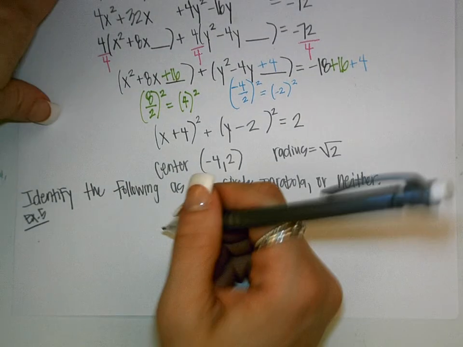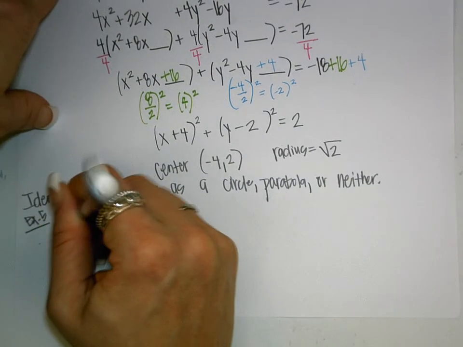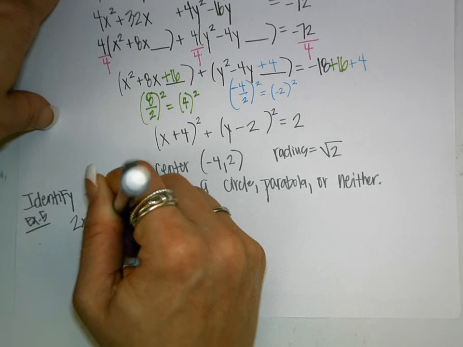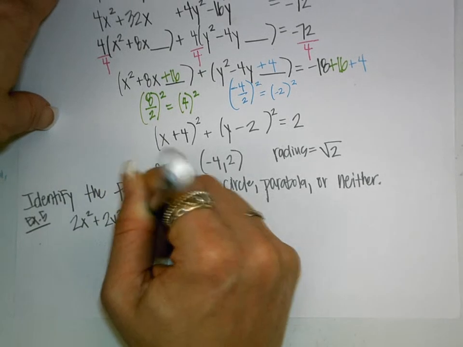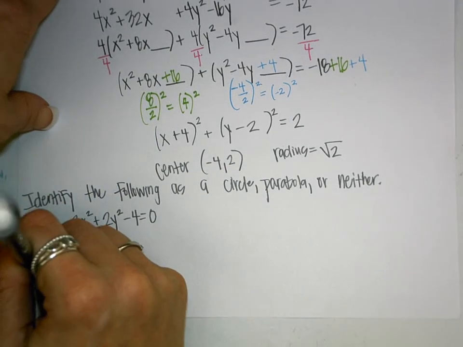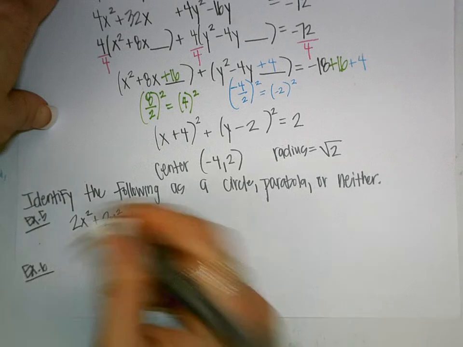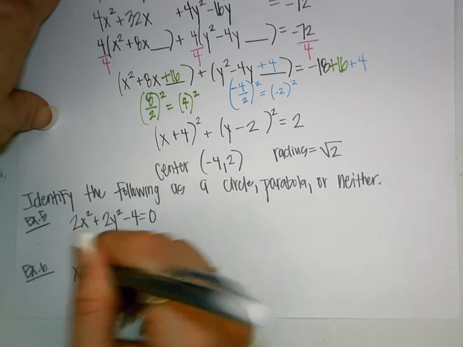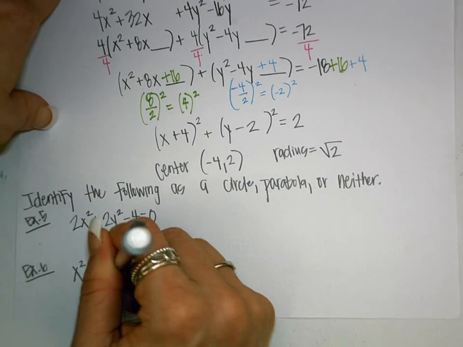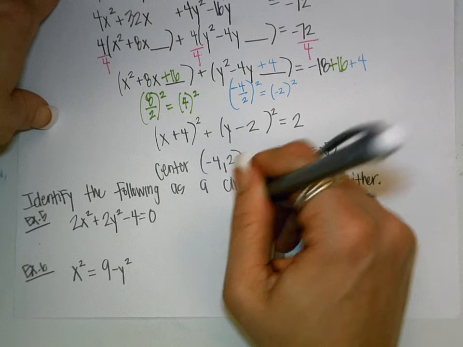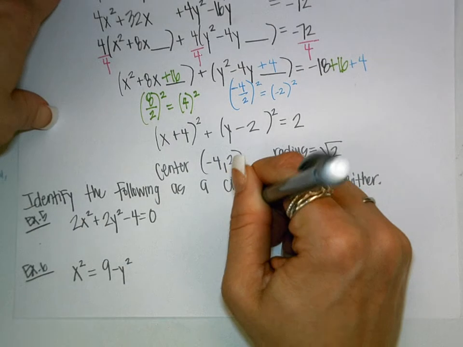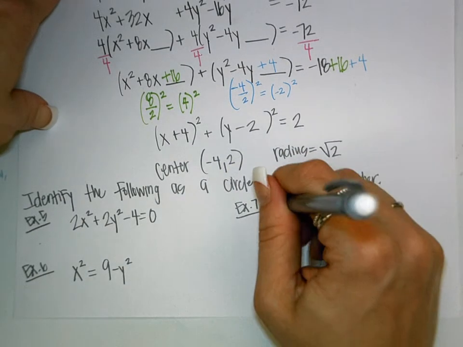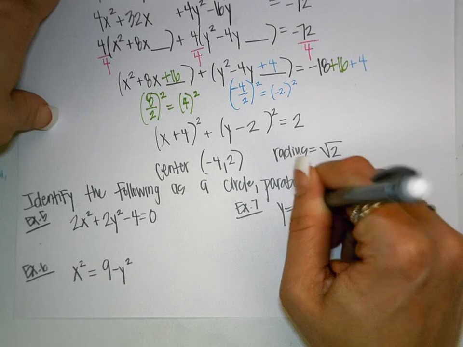So for number 5, 2x squared plus 2y squared minus 4 equals 0. 6 is x squared equals 9 minus y squared. For 7, y equals 4x minus 3.